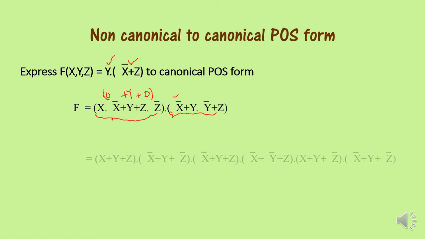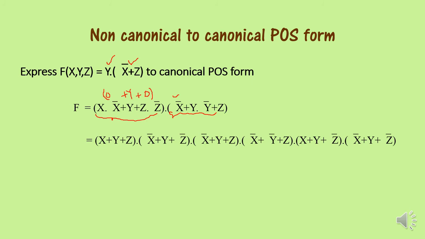Now multiply this term, x is multiplied with this term, x bar is multiplied with this term, and we get this expression, that is (x plus y plus z) dot (x bar plus y plus z bar) dot (x bar plus y plus z) dot (x bar plus y bar plus z) dot (x plus y plus z bar) dot (x bar plus y plus z bar).